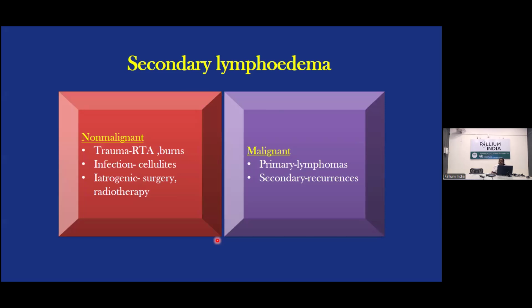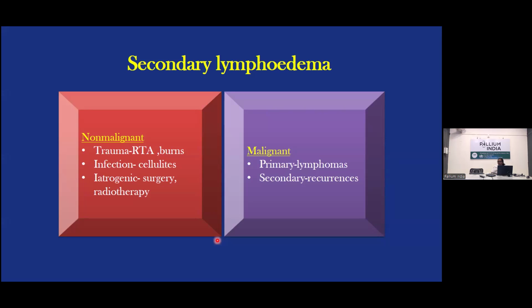From this slide, you have to understand that non-malignant persons can also develop lymphedema. If a person has a major road traffic accident, it might affect a big lymph node. For example, imagine a femur bone fracture. At that time there is a chance of the inguinal node being affected.